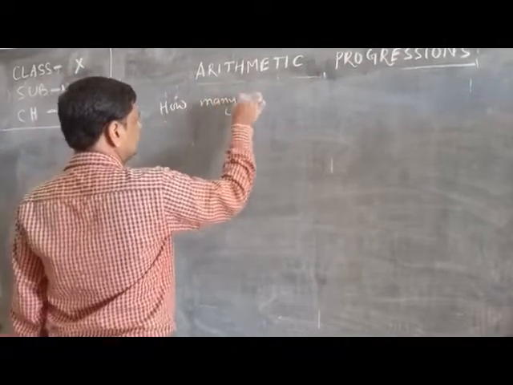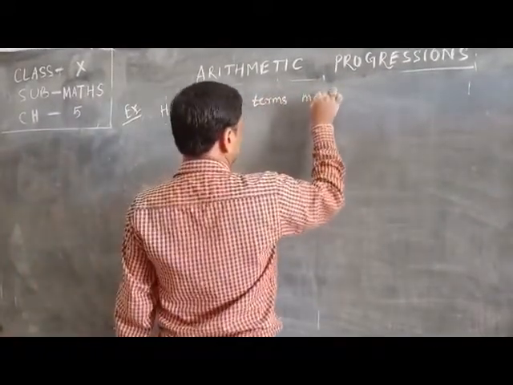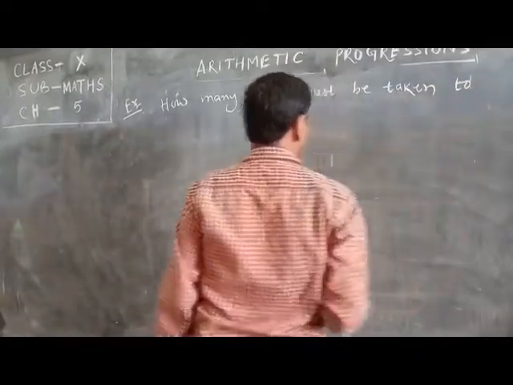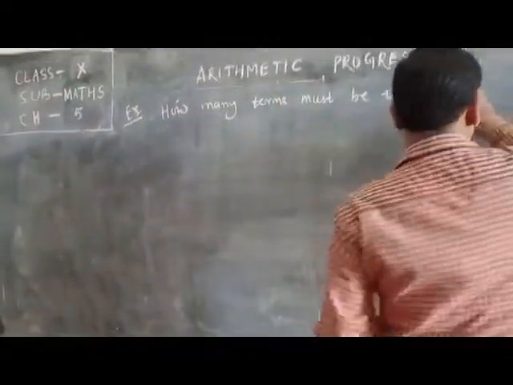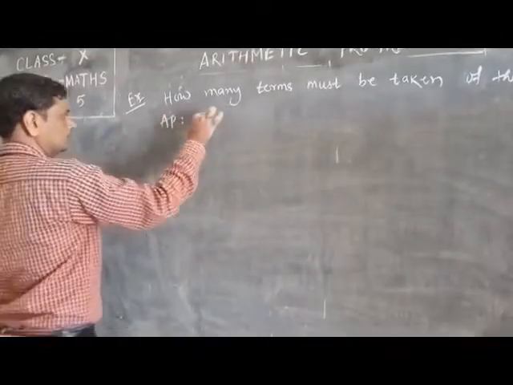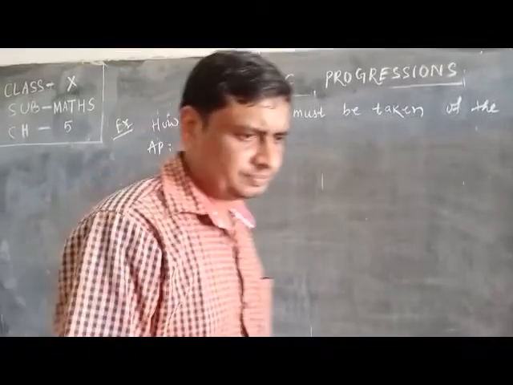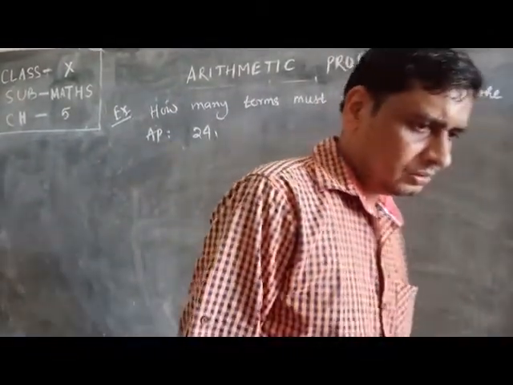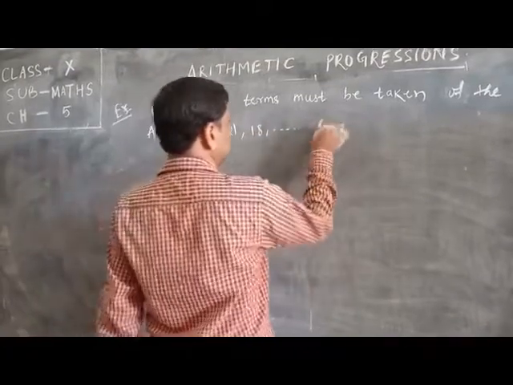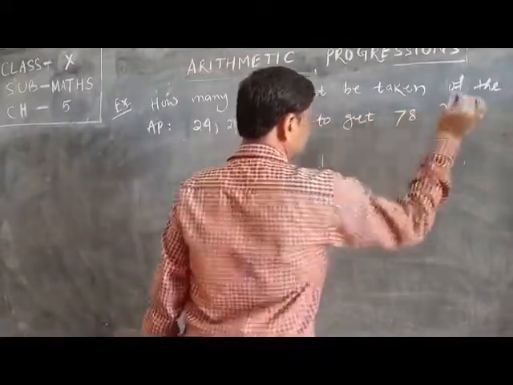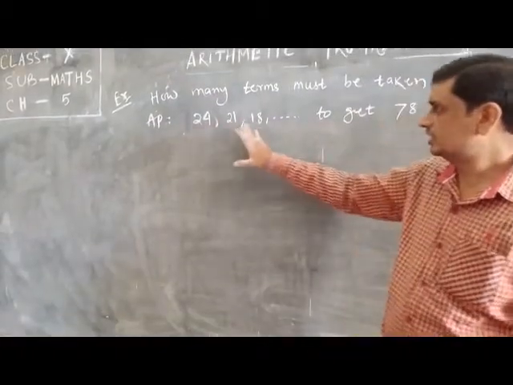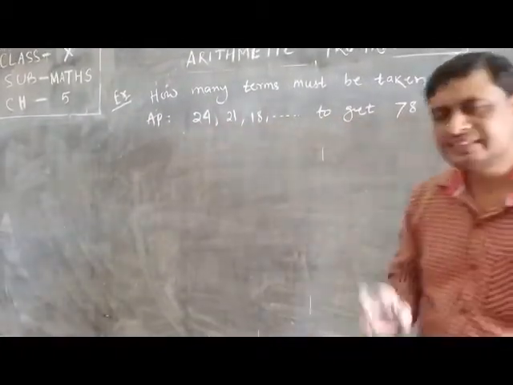How many terms must be taken of the AP 24, 21, 18, 15, like that, to get 78?